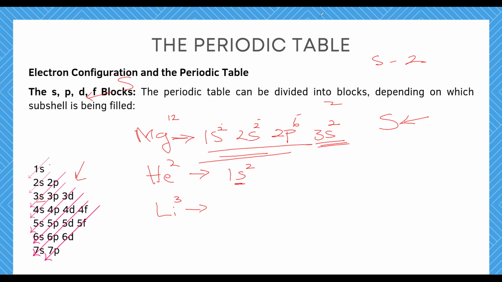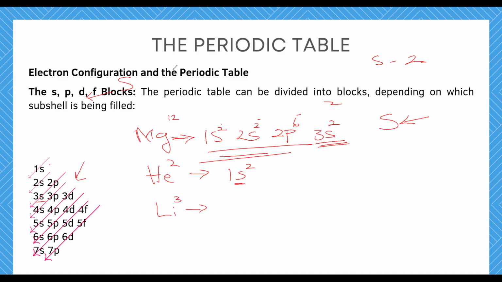If Nifemi is not there, Dorcas, go ahead. Okay, seems Dorcas is not there either. How about you, Francis? Do you want to give us the electronic configuration of lithium? Yes, sir. Go ahead.